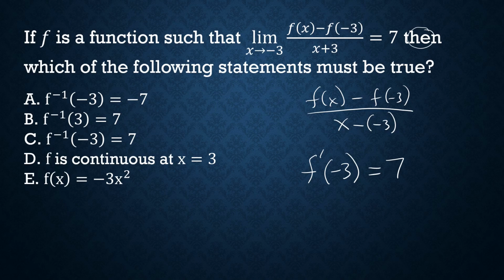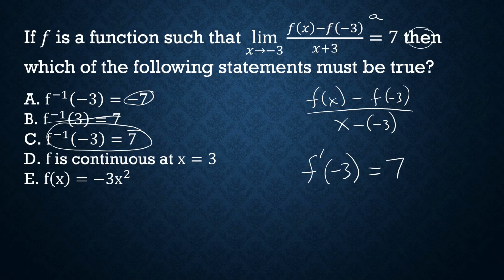Okay, look at the answer choices. We get the derivative function of negative 3 equals negative 7, so that's not right. It shouldn't be negative 7. Then we have the derivative function of 3 equals 7, and it shouldn't be 3 because it's right here. This is our a value, so that's going to be negative 3, so that doesn't work either. And we said the derivative of negative 3 equals 7, so this is the correct answer.